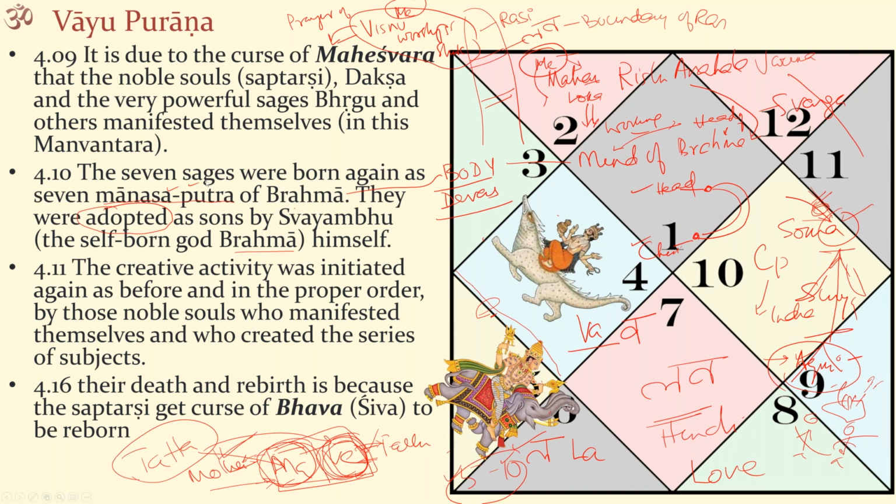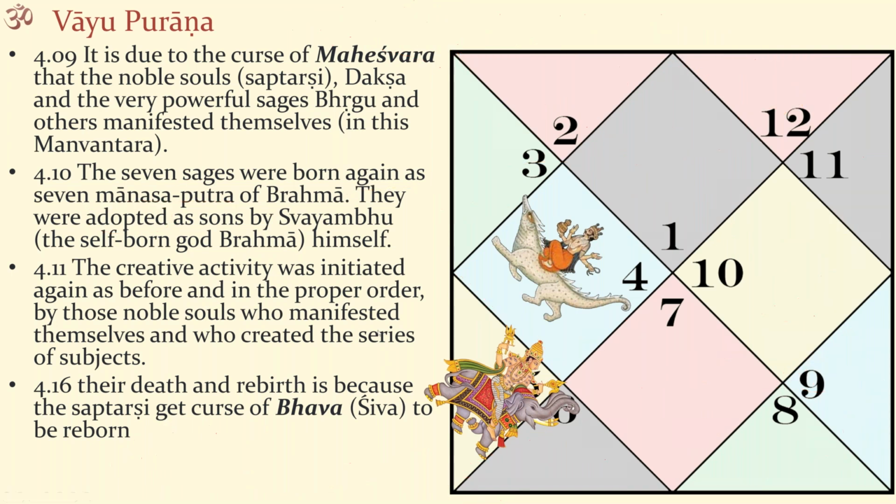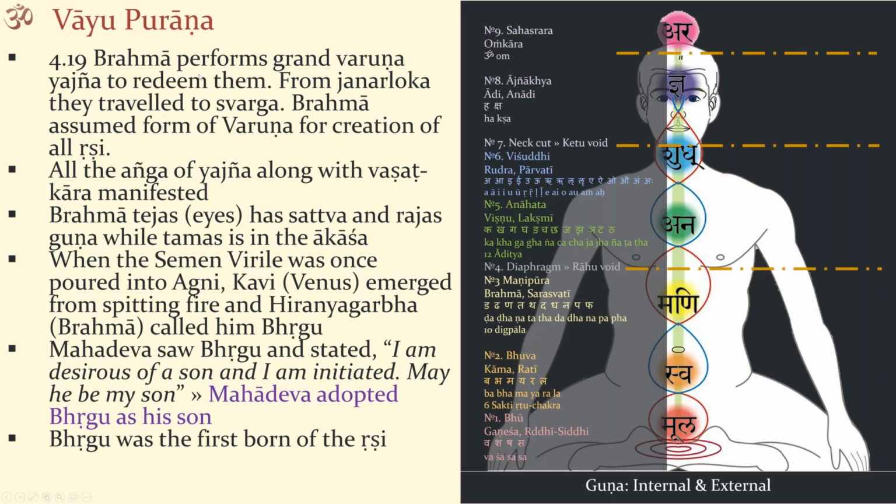Okay. So the Saptarishis manifested again and they started the creation process. Brahma, in order to manifest this, performed the grand Varuna Yajna. Why did he perform the grand Varuna Yajna?